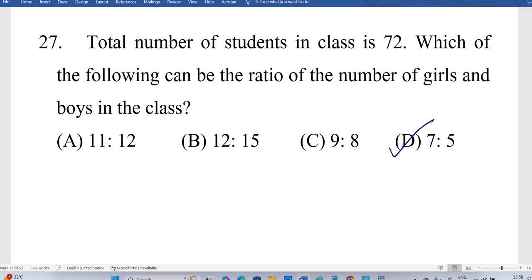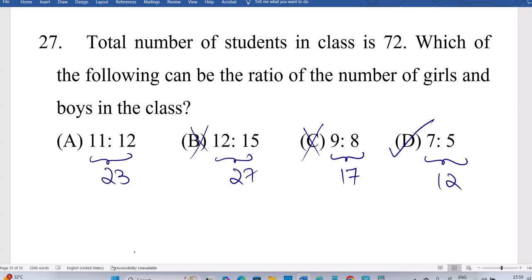Means 72 should be divisible by this. What is 7 plus 5? 72 divided by 12 is 6. 7 into 6, 42 girls. 5 into 6, 30 boys. But here 9 plus 8 is 17, and 72 is not divisible by 17. 72 is not divisible by 27. Not divisible by 23. Because of that, we cannot get integer values for girls and boys.